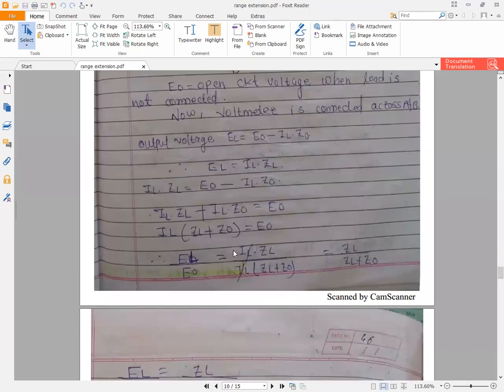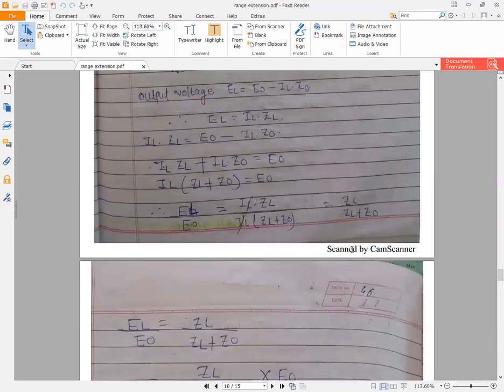So EL upon E0 equals IL into ZL upon IL into ZL plus Z0. Here IL and IL will get cancelled, and what remains is ZL upon ZL plus Z0.